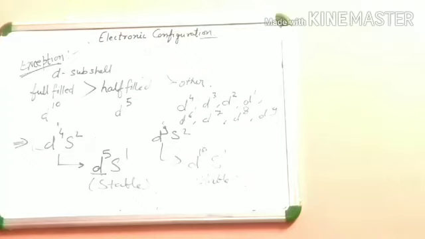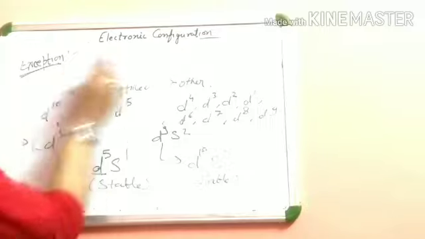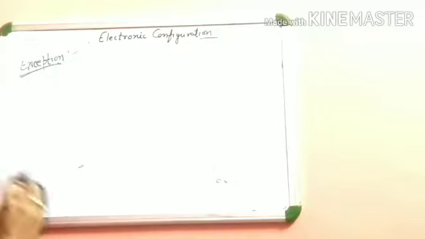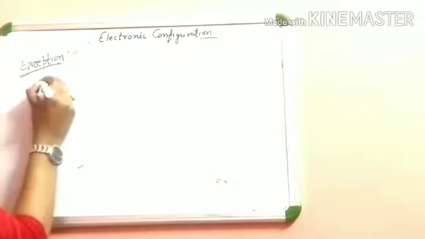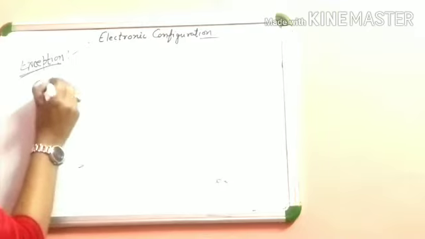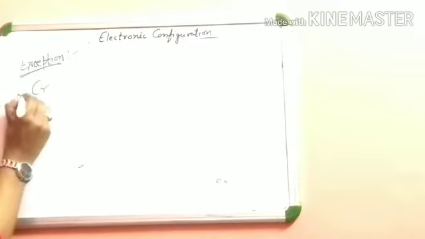Let's see this exception with the help of an example: chromium, whose atomic number is 24.